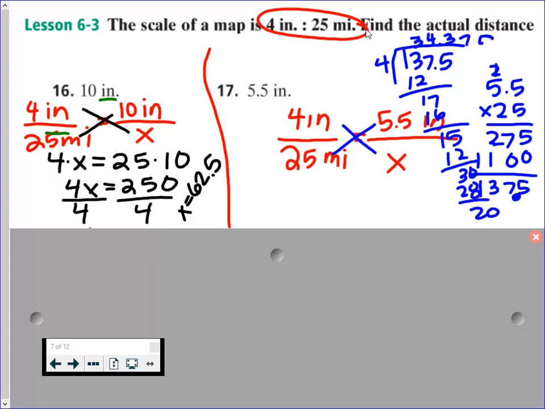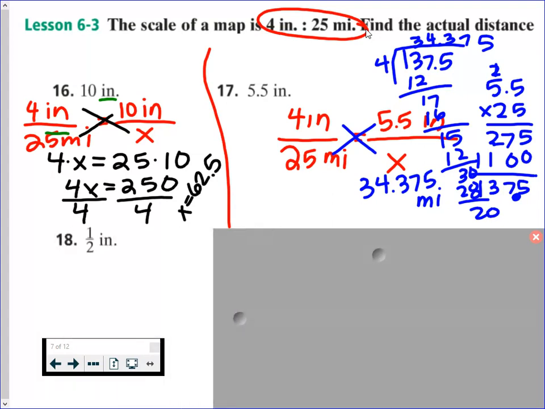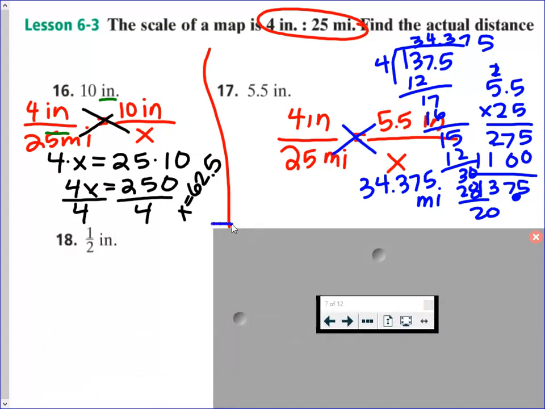Whew, that was a messy one. 34.375 miles. Do you know what 0.375 is equal to? 3/8. Can you drive 3/8 of a mile? Of course you can.